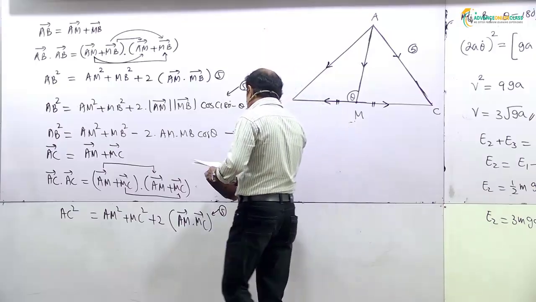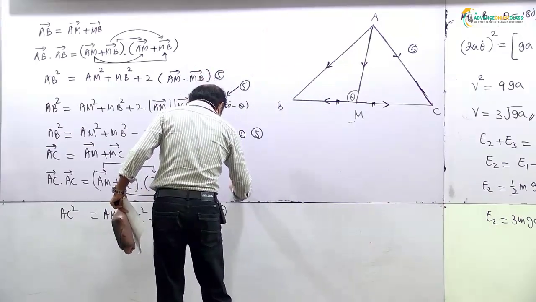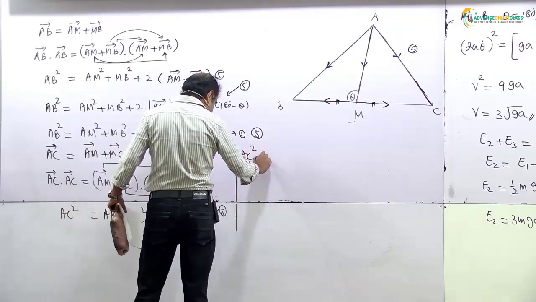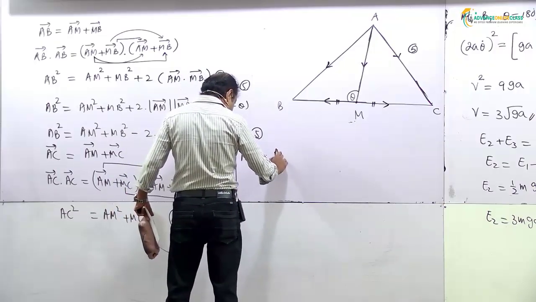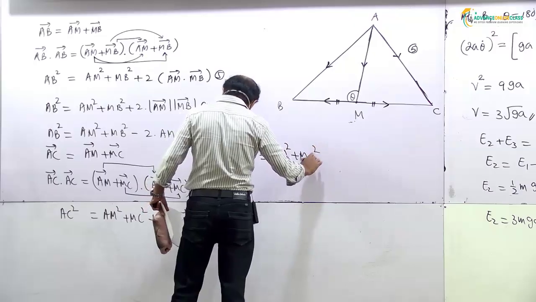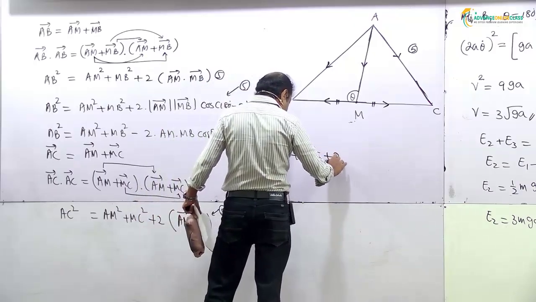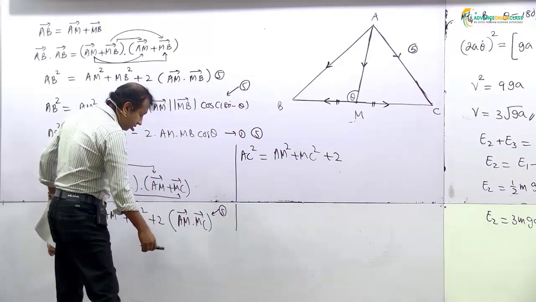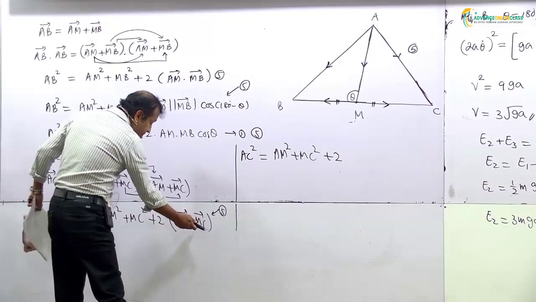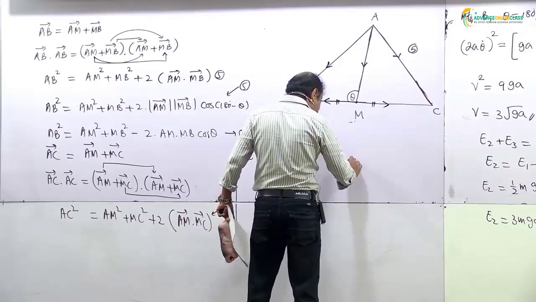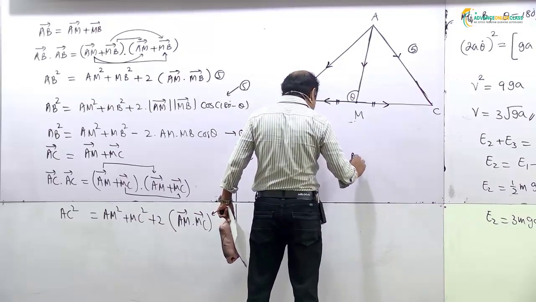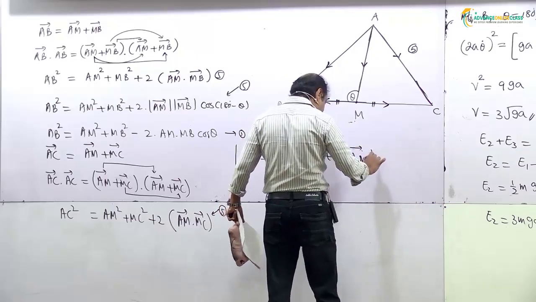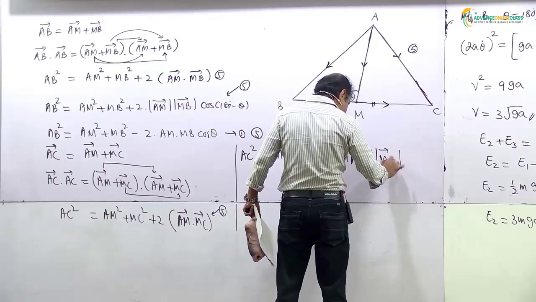Now I can write furthermore this way. AC squared equals AM squared plus MC squared plus 2 times AM vector dot MC vector, that is AM modulus, MC modulus, cos of the angle. AM vector modulus into MC vector modulus, cos.